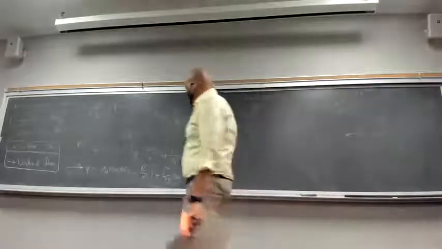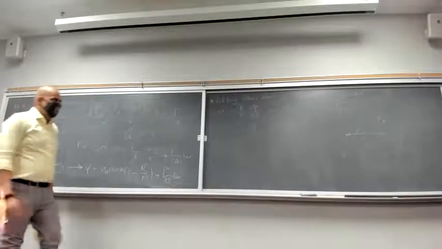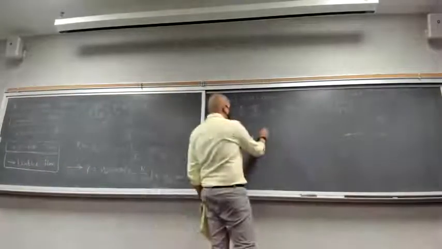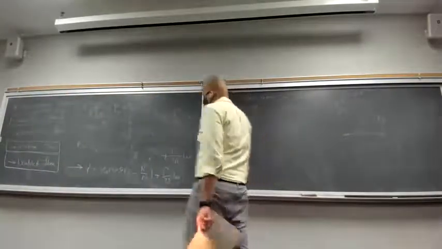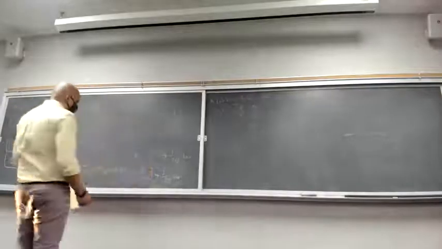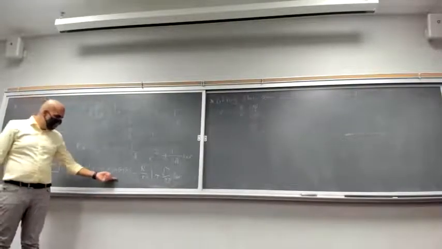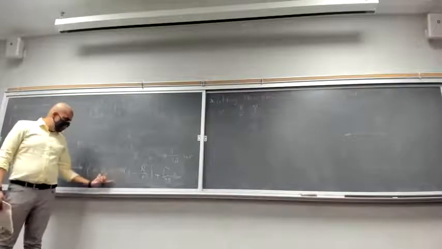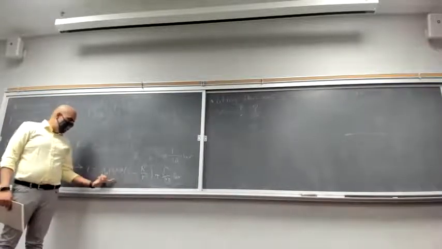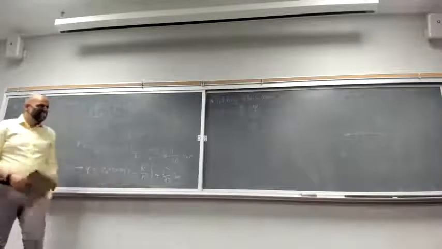Okay, what about the V theta? So let's take the derivative with respect to r here. You're going to get a negative sign. And what is the derivative of this with respect to r? To make it easier, I'm just going to multiply this by r.